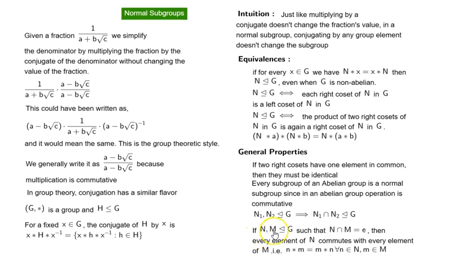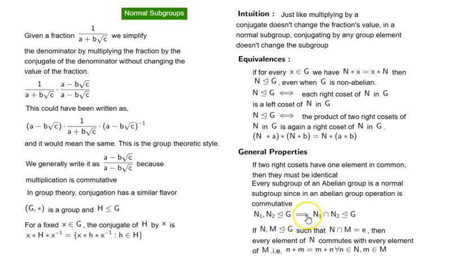And if N and M are normal subgroups of G such that the intersection of N and M is equal to {E}, then every element of N commutes with every element of M. That is, n times m is equal to m times n for all n in N and m in M. Make sure that you understand all this.